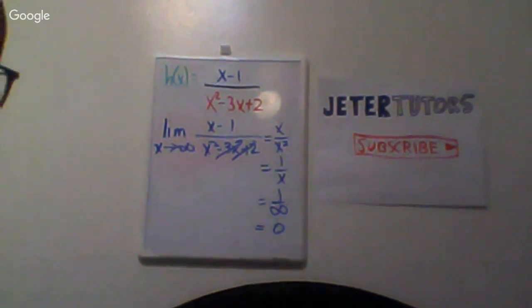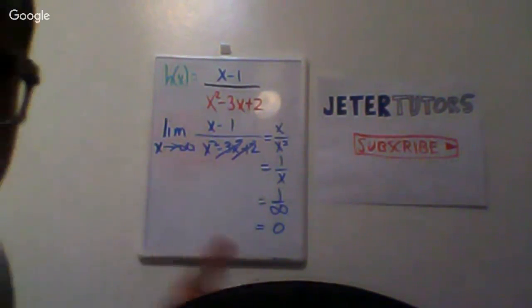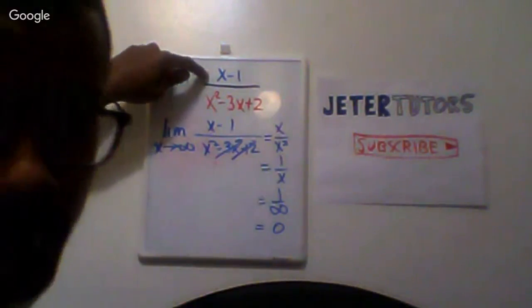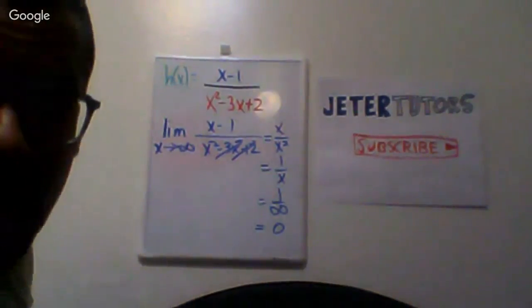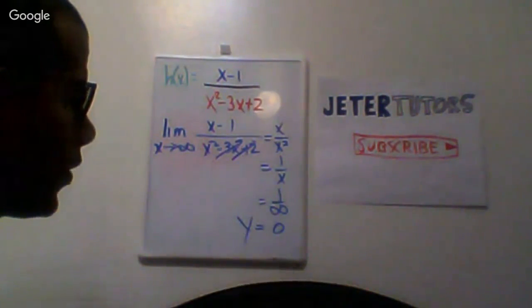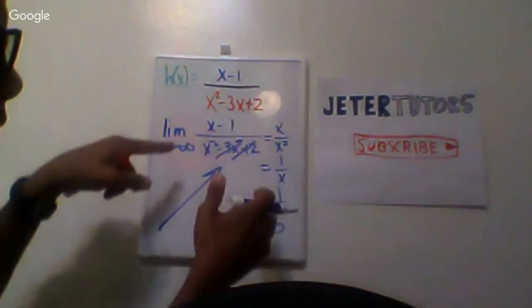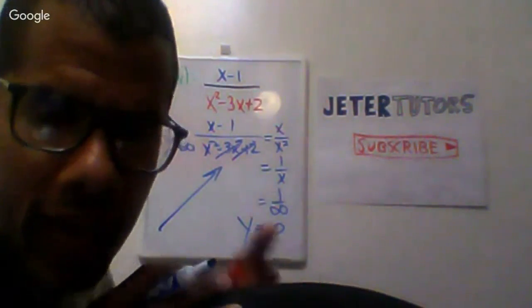Now what they'll tell you is that if the degree of the polynomial in the numerator is less than the degree of the polynomial in the denominator, the horizontal asymptote is y equals 0. But this, my friends, is why that rule works, not the other way around.